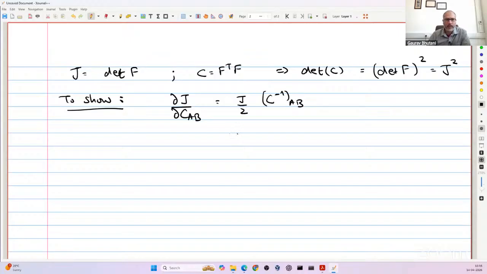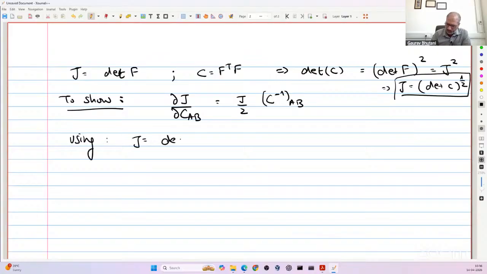So these are some definitions we need. This basically means that Jacobian is determinant of C to the power of half. Let's start with this expression.